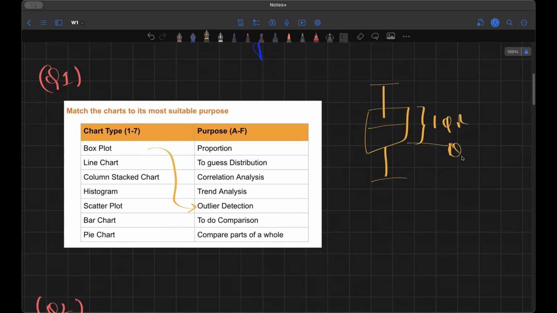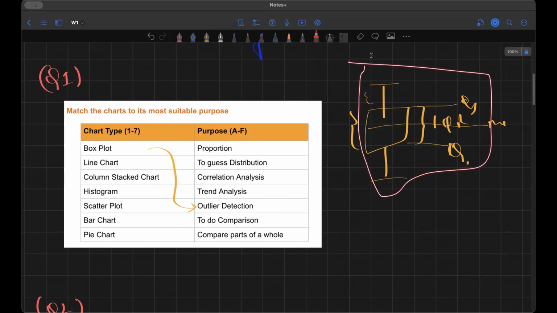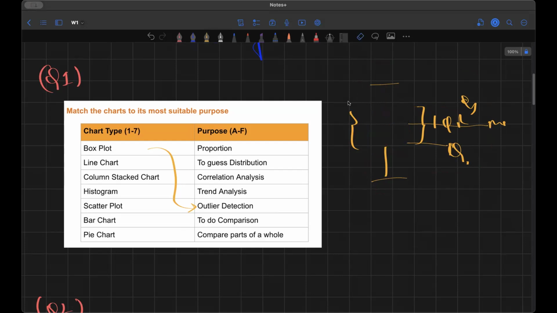First quartile, Q1, this is your median, and this is your Q3, right? So everything within this box is your interquartile range. Everything above 1.5 times the interquartile range would be an outlier. So that is why box plot charts are used a lot for outlier detection, and therefore this is the correct option for outlier detection. So basically you will be using box plot for this kind of situation.